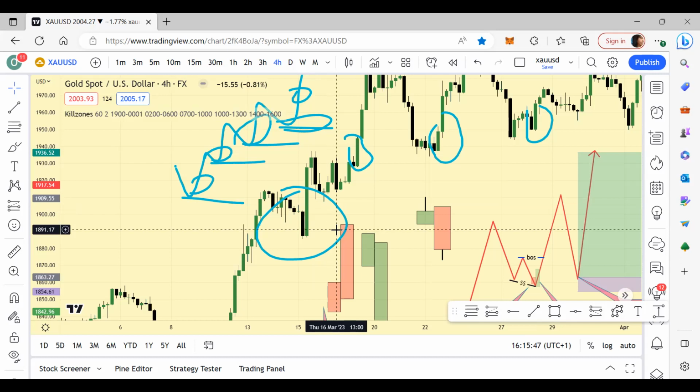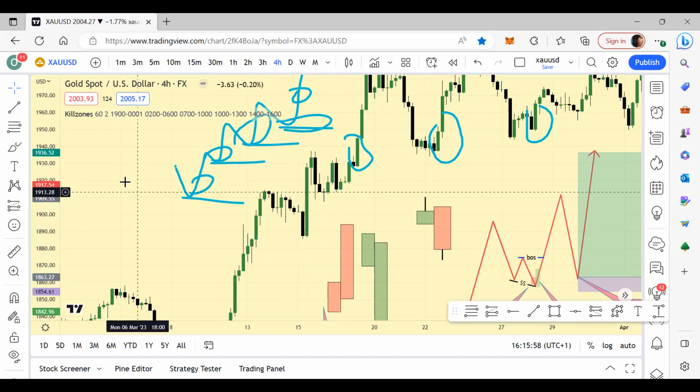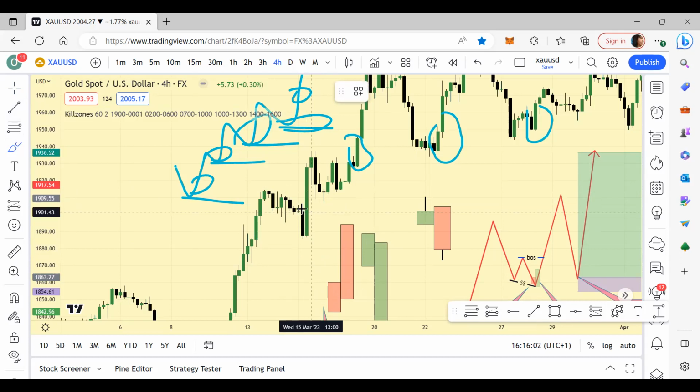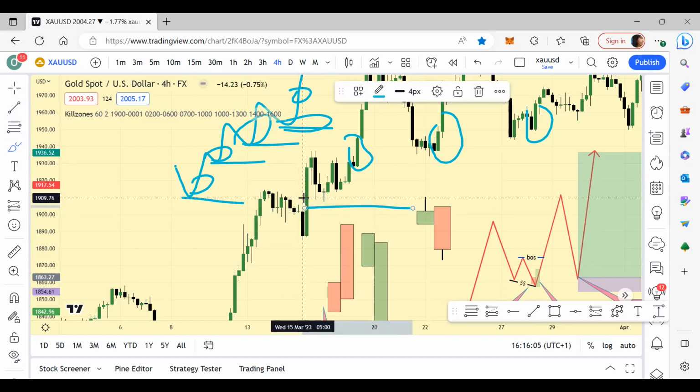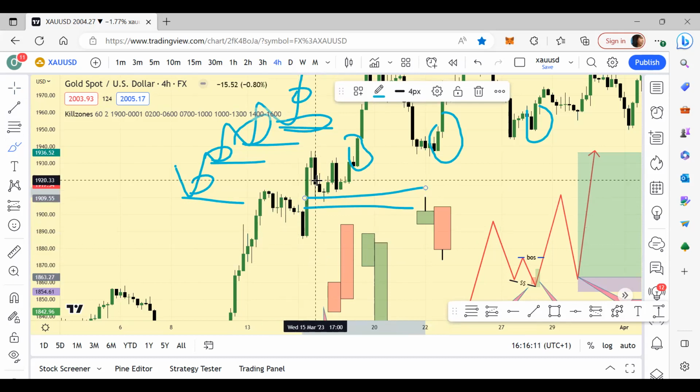High probability order blocks should have something we call an imbalance. An imbalance is basically a gap in the market, which I will explain in a minute. So the order block should come with a gap in the market.